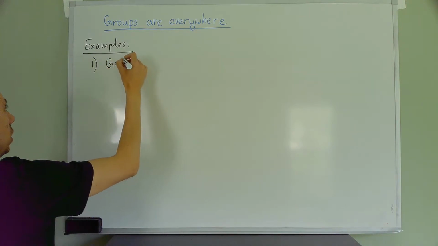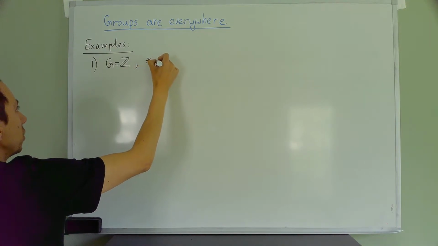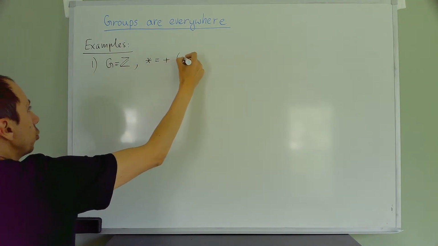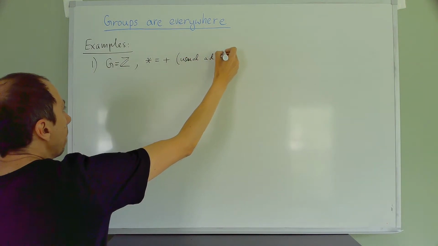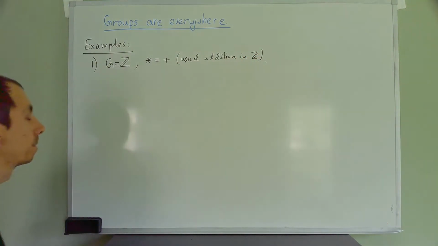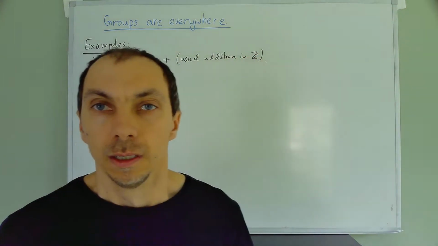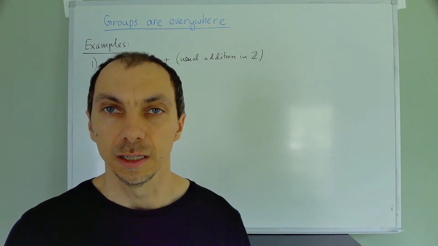So I'm going to write G equals Z, and the operation star will be the usual addition in Z. So is Z with the usual addition a group? Let's see.